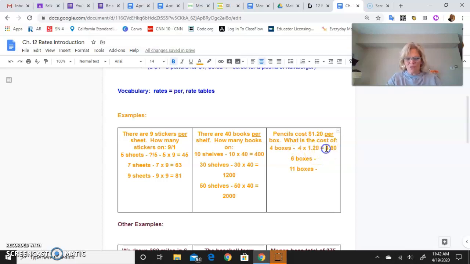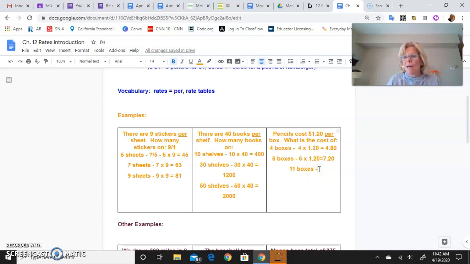It would be $4.80. Okay, 6 boxes times $1.20 equals, I know 6 times 1 is 6, and 20 cents times 6 is $1.20. So I'm going to add my dollar to 6, and I have 20 cents.